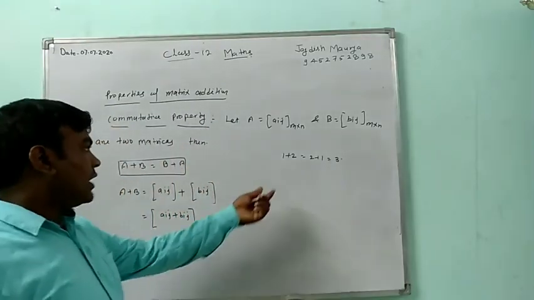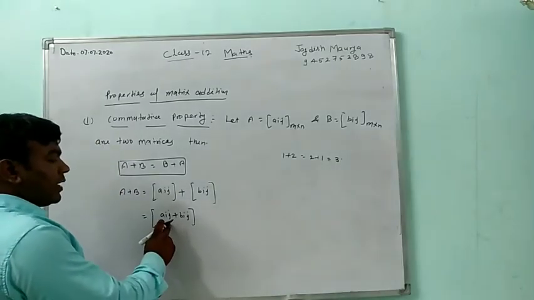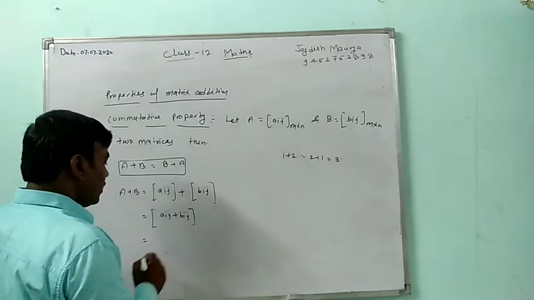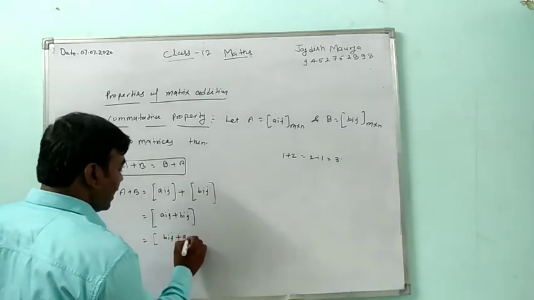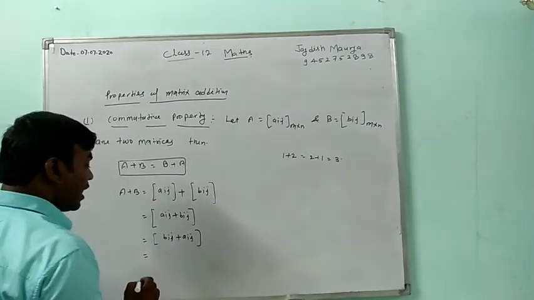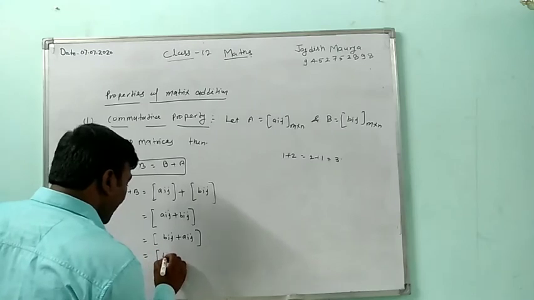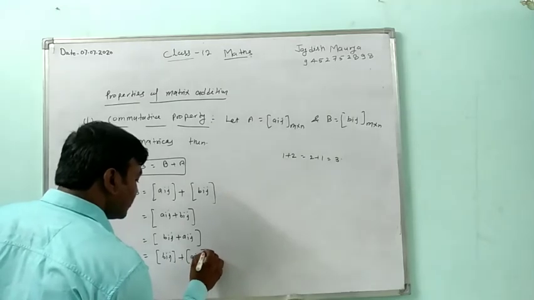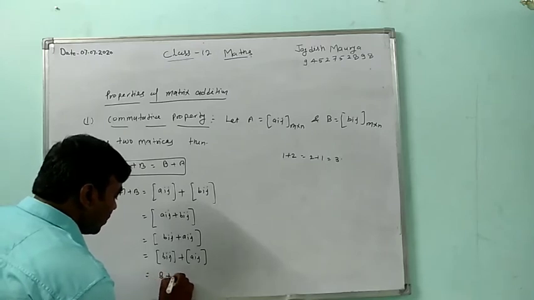This means addition of real numbers is commutative. Here Aij and Bij are real numbers, so we can write Bij plus Aij. And by the definition of addition of matrices, we can write this Bij plus Aij, and this will come B plus A.